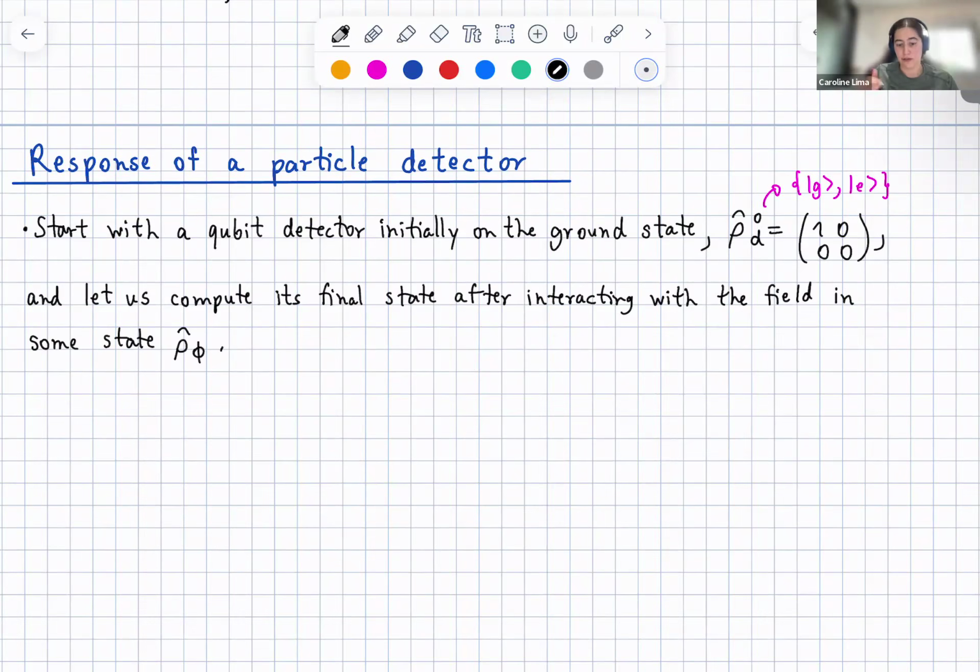So in other words, the initial detector field system is going to be simply the tensor product between the two, right? So I just have the initial state of the detector tensor product with the initial state of the field. Okay.